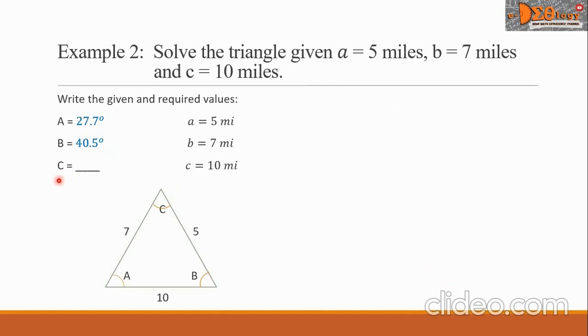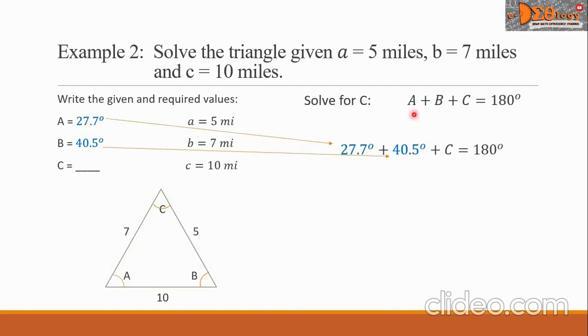Let us now solve for angle C. We can now use the formula for the sum of the angles equals 180 degrees, since there are two available angles here now. We may use law of cosines, but for simple computation, it's better to use this formula. So we have A is 27.7 degrees plus B, and that is 40.5 degrees, plus C equals 180 degrees.